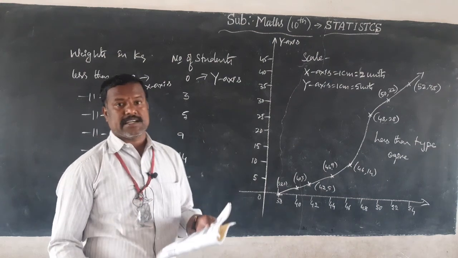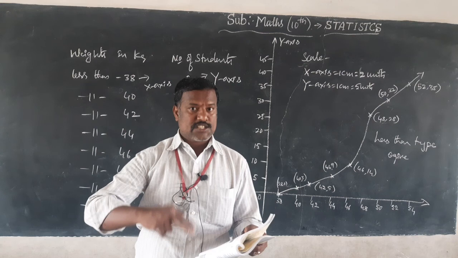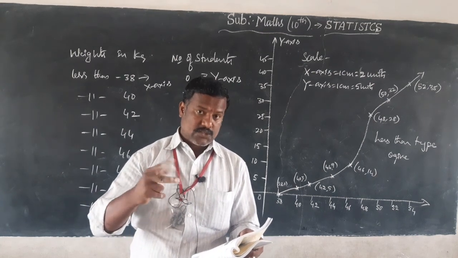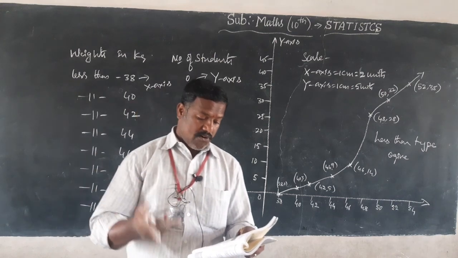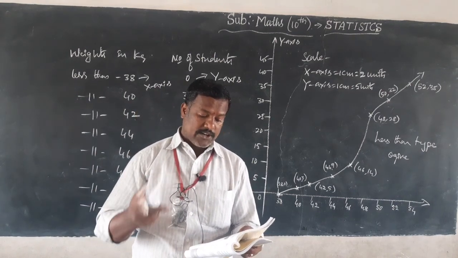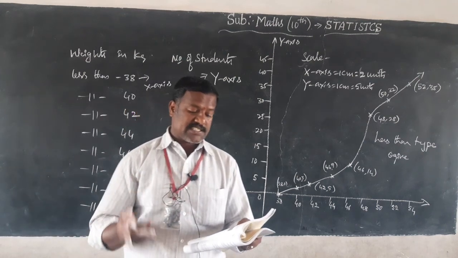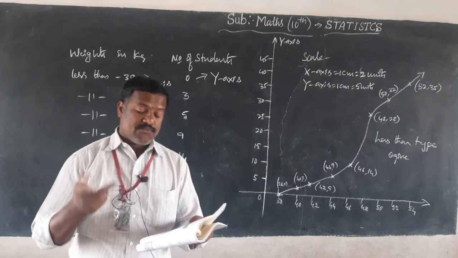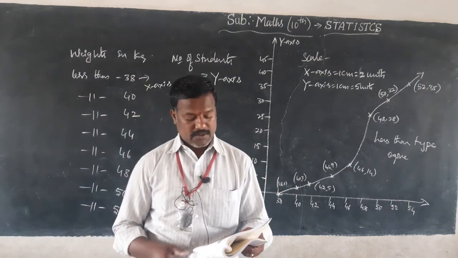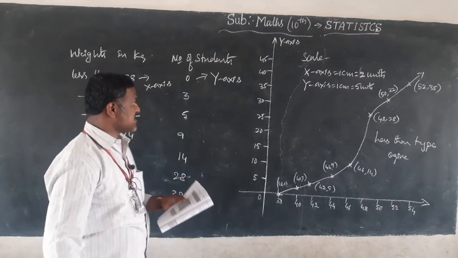Here upper limit is 38, maybe lower limit is 36. 36 to 38, 38 to 40, 40 to 42, 42 to 44, 44 to 46, 46 to 48, 48 to 50, 50 to 52. So this type you have to write the class intervals.